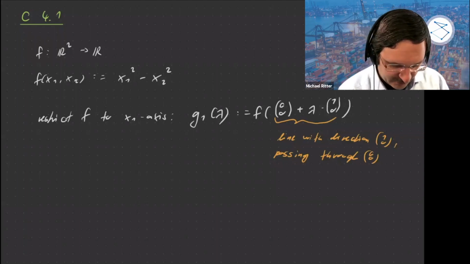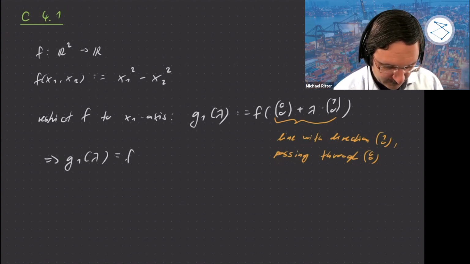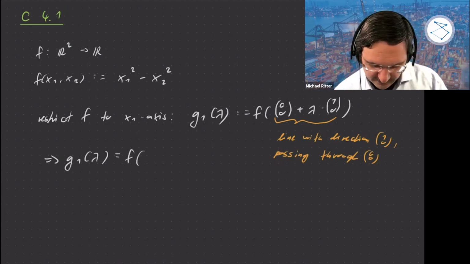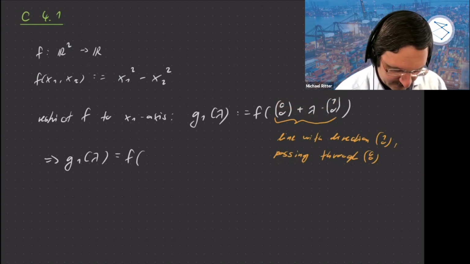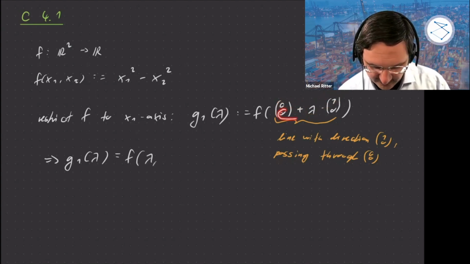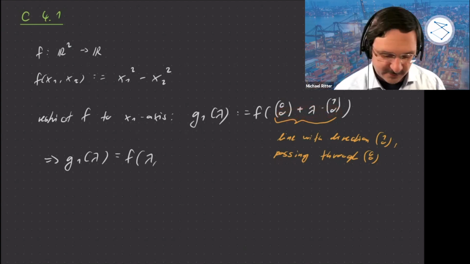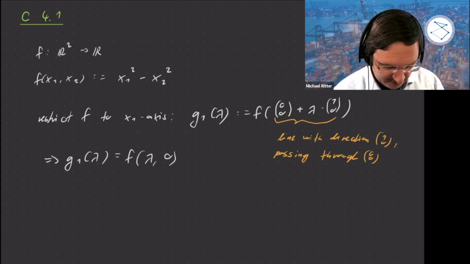And if we do that, well, we can just use the definition of the function f here. So the x1 part is then 0 plus lambda times 1. So that's lambda. And the x2 part is 0 plus lambda times 0. So that's 0. So what we have is f of lambda and 0.